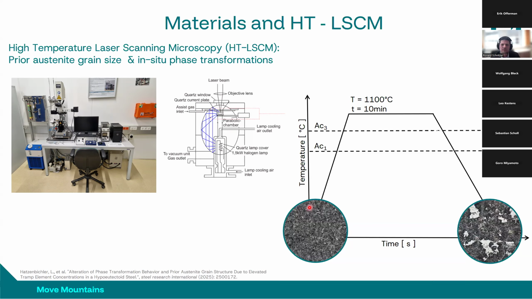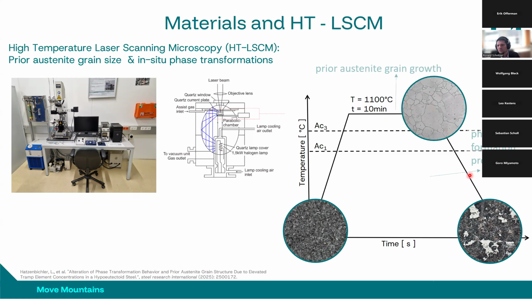But with that device, you are able to record your image during the temperature-time profile, and you're then able to investigate, for example, your microstructure at a temperature where you are in the austenitic phase field. By doing so, one gets an idea during cooling of how the phase transformation process is taking place. And of course, when the images or videos are evaluated at high temperature, you get information about your austenite grains.